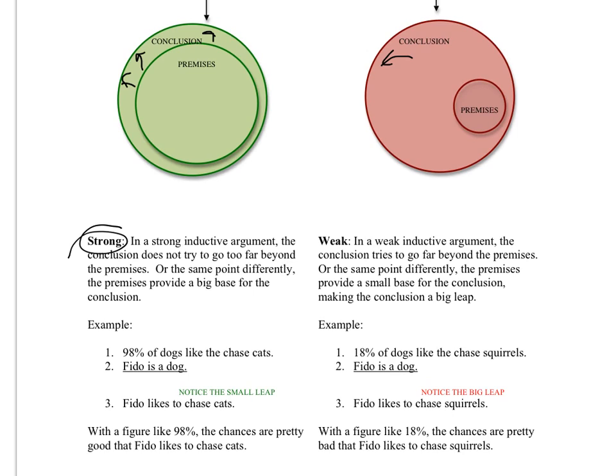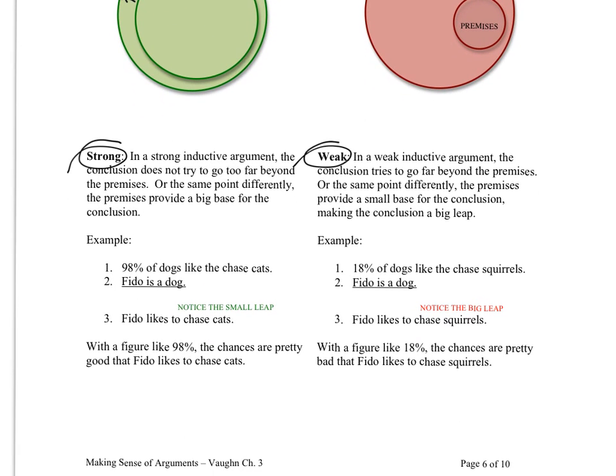So this is a fairly simplistic illustration of strength and weakness, but we can get an appreciation of strength versus weakness with these arguments here. If we have a sample size of 98% of dogs, and 98% of dogs like to chase cats, and Fido is a dog, then it's only a very small leap that you would need in order to conclude that Fido likes to chase cats.